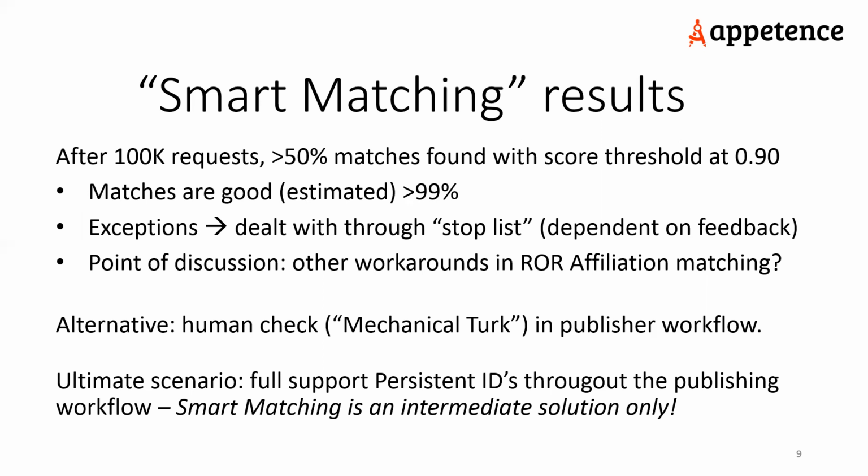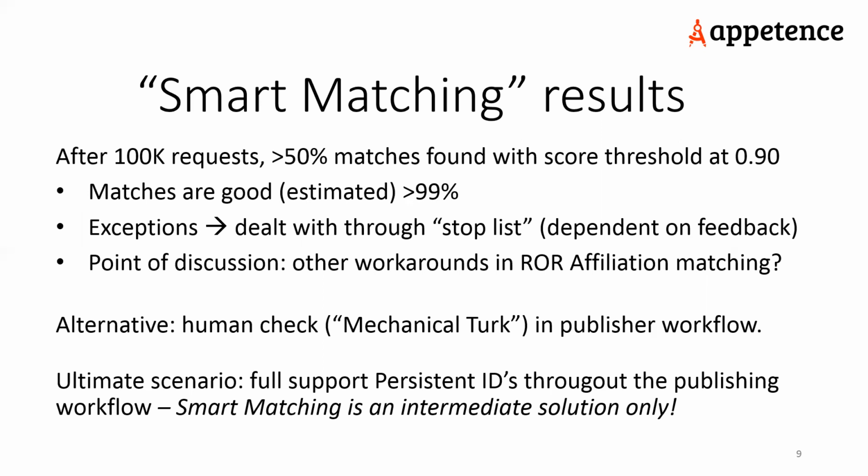Of course, then there's the alternative, which is the human check. So we could implement this Mechanical Turk mechanism in the publisher workflow, as I've demonstrated in a previous slide. But to put this in some perspective, the ultimate scenario is, of course, full support for persistent IDs throughout the publishing workflow.